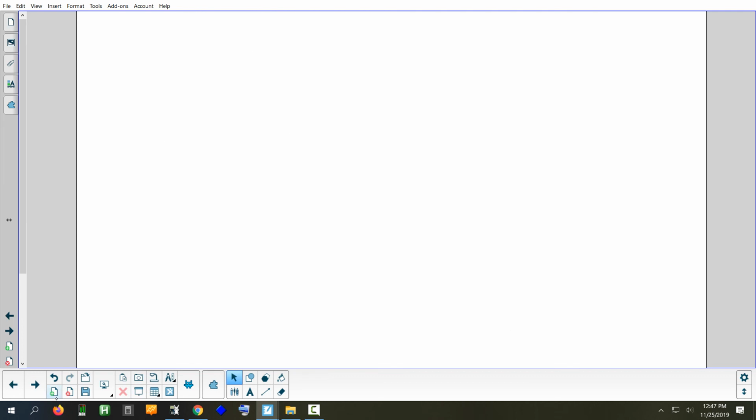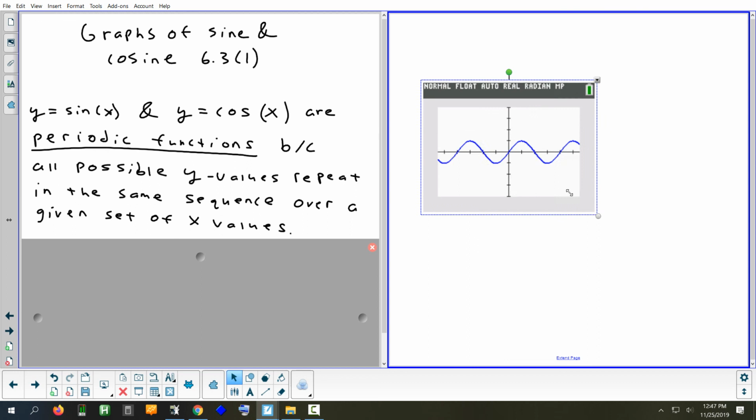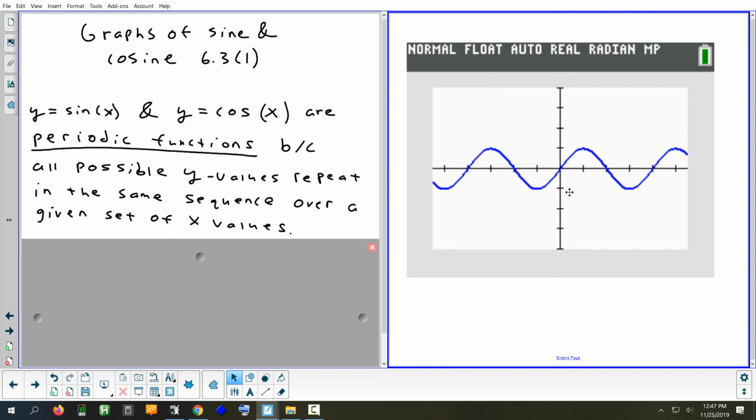So let's take a look at this graph. At the end here, I say that the y values are repeating over a given set of x values. For this graph, here is the width of that set, from here to there. If you focus on what's just in between those two red lines, what I'm tracing in green, that's what we call one section or one cycle of the sine graph.